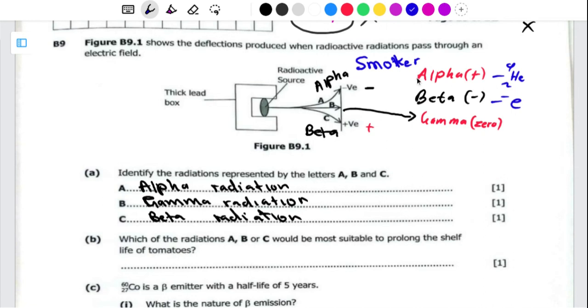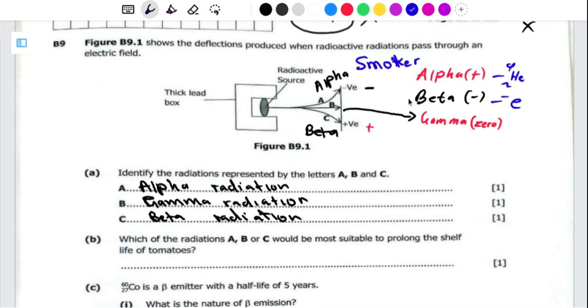When there is fire and smoke is produced, we have devices which have alpha particles, and they are able to detect smoke. Once smoke has been detected, you are going to find that maybe water will start coming out from those devices in order to put out the fire.